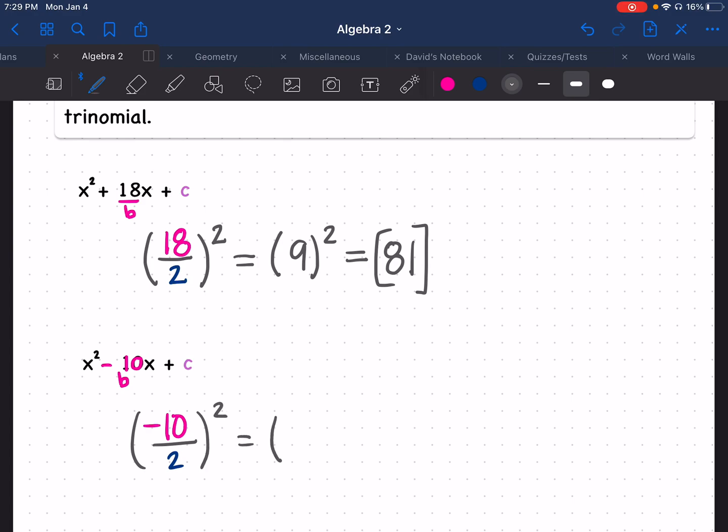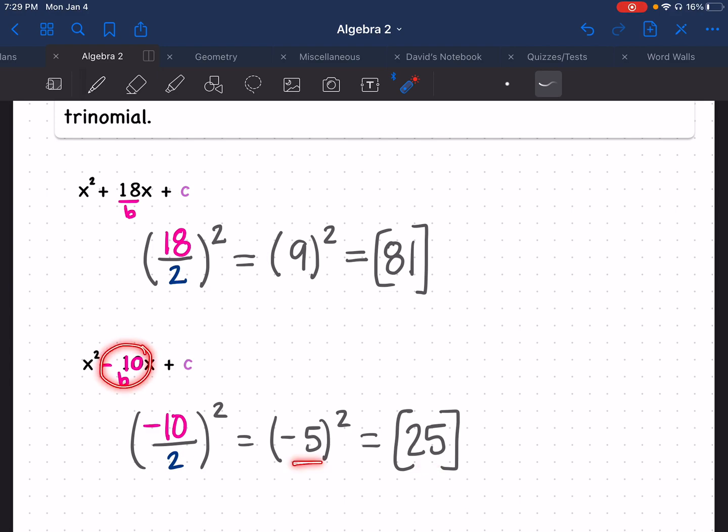Well, negative 10 divided by 2 is negative 5 squared, and negative 5 times negative 5 is positive 25. Now, if I were to factor this, my factors would be negative 5 because just like I said, negative 5 times negative 5 gives me 25, and negative 5 plus negative 5 gives me my negative 10. There's my perfect square trinomial.